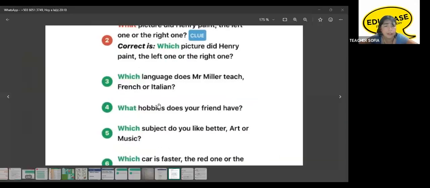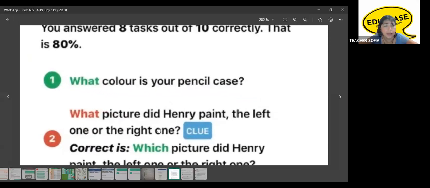So in this case, you can see here that we have the left one or the right one. This is easy. We use one as a pronoun, because you want to substitute, you don't want to repeat the previous noun. In this case, the previous is paint. You don't want to say, which is the correct, right? Which picture did Henry paint?